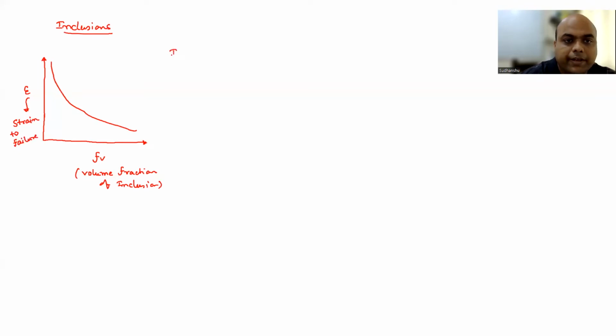Okay. So increasing FV will decrease strain to failure.